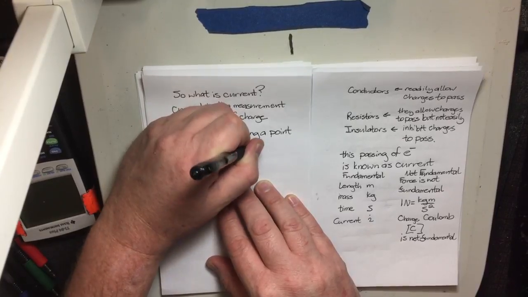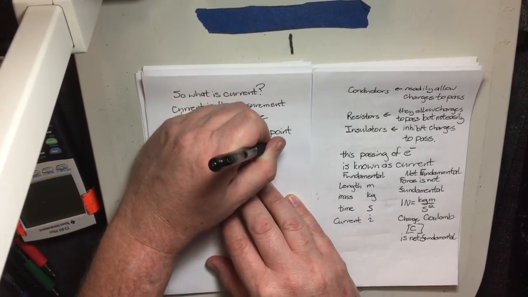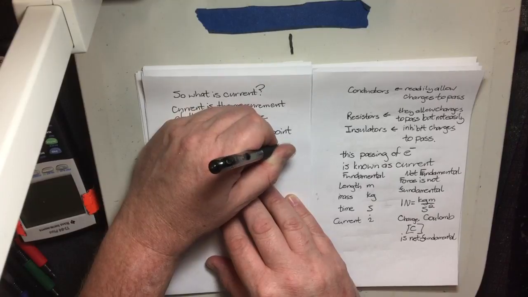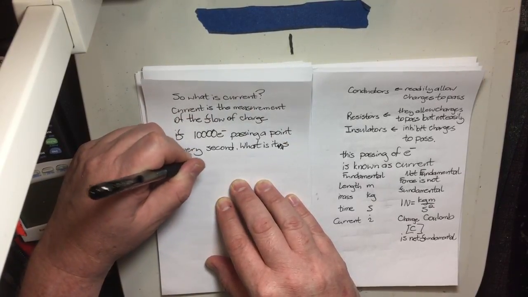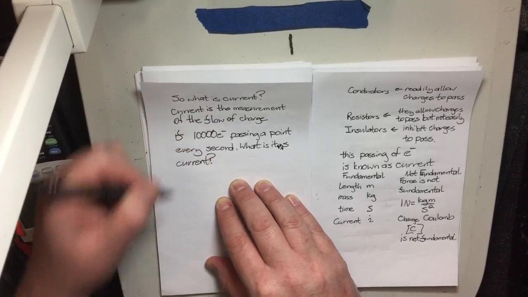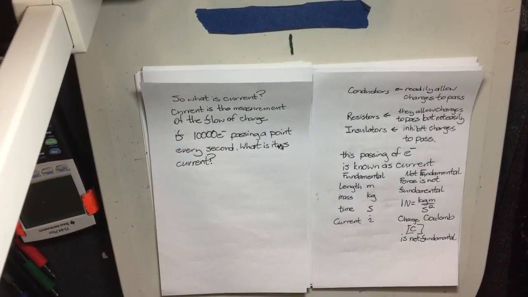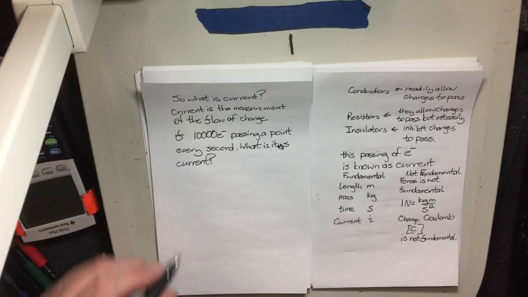What is its current? So we've got 10,000 wild electrons entering that window every second. We got 10,000 electrons flowing out every second. So 10,000 electrons are coming in and out of the room.